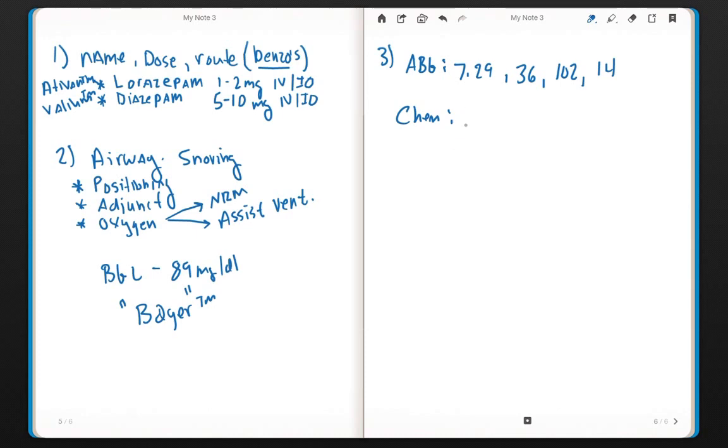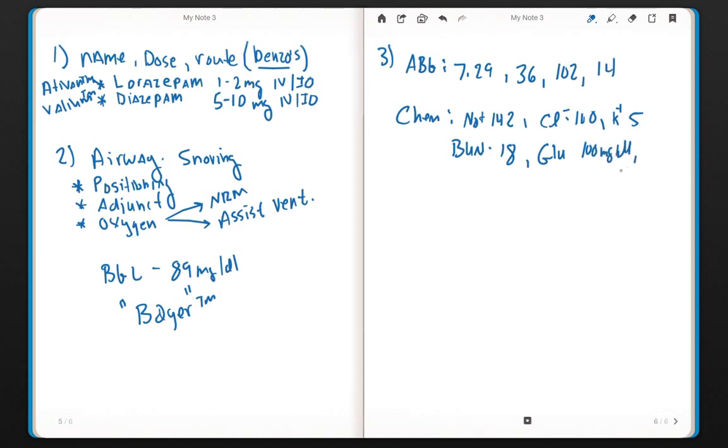So let's see, we have a serum sodium of 142, chloride of 100. These are all in milliequivalents per liter. A potassium of 5 milliequivalents per liter, a blood urea nitrogen of 18 milligrams per deciliter, glucose of 100 milligrams per deciliter.